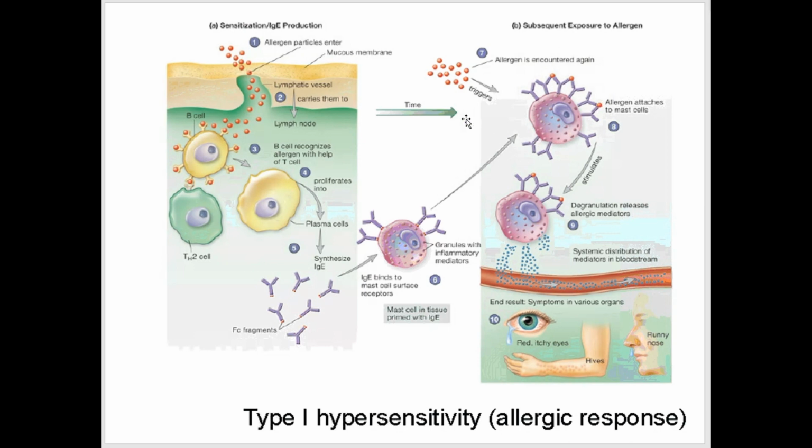And if you are exposed again to that allergen, you can see right here, the fragments are going to recognize the allergen, and then it's going to cause the mast cells to degranulate, and this is where you're going to end up having major symptoms such as red, itchy eyes, hives, and runny nose. So that would be hypersensitivity to a certain allergen.